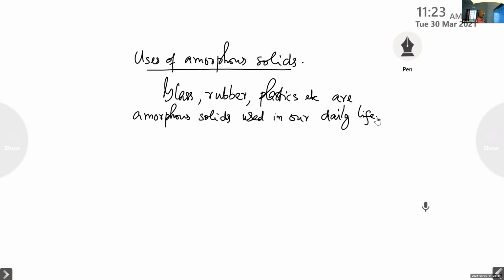You take amorphous silicon. Amorphous silicon is a non-metal. That is a semi-metal actually, a semiconductor. And it is used in the photovoltaic cells or solar cells.